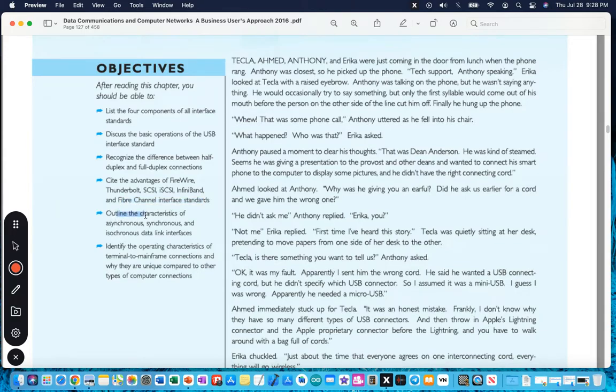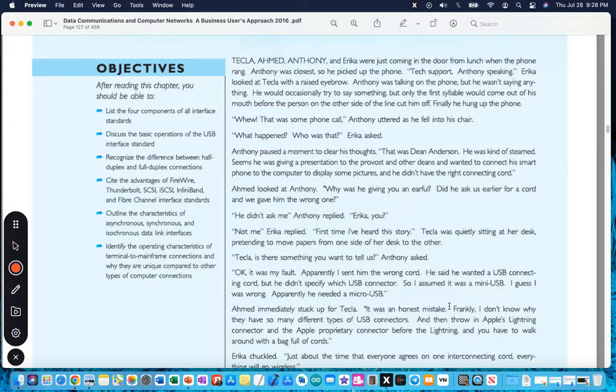Outline the characteristics of synchronous, asynchronous, and isochronous data link interfaces. So we have 3. And identify the operating characteristics of terminal to mainframe connections and why they are unique compared to other types of computer connections.